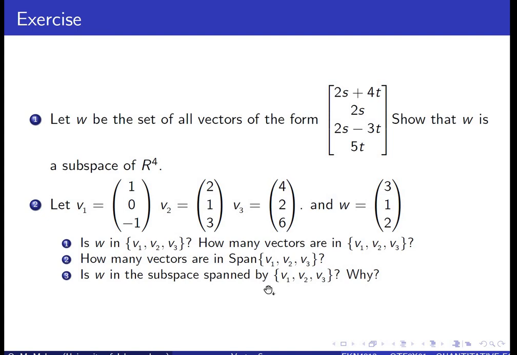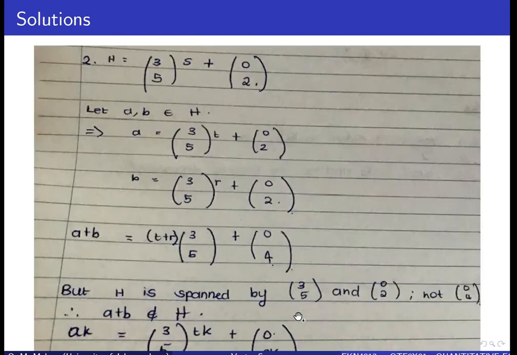Is W in the subspace spanned by V1, V2, V3? No, it is not, because V3 is linearly dependent. So in order for this set to span W, all the vectors should be linearly independent.